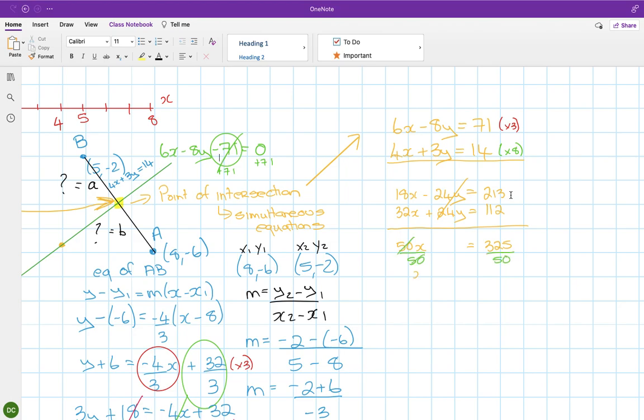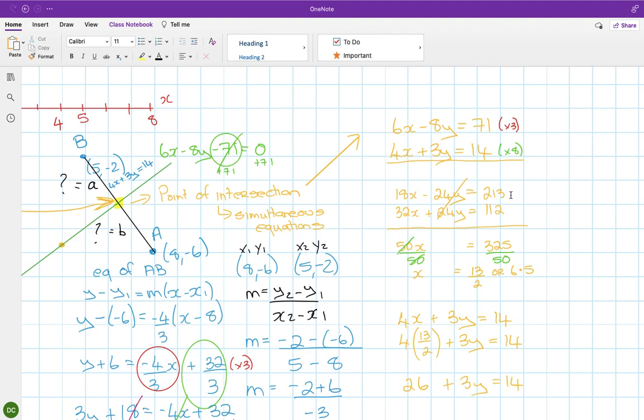And x is 13 over 2, or 6.5. And then if we sub back in, so 4x plus 3y equals 14. 4 times 13 over 2 plus 3y equals 14. 4 times 13 over 2 is 26 plus 3y equals 14.